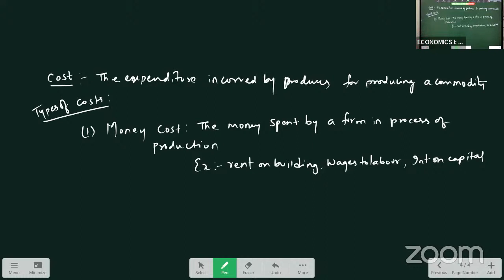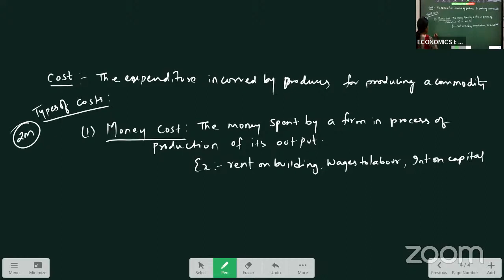The money which is spent by the firm in the process of production of its output. This much is enough for your 2 marks. So these types of cost will be for your 2 marks question. Money cost: the money spent by a firm in the process of production of its output. Example, rent on building, wages to labor, interest on capital.